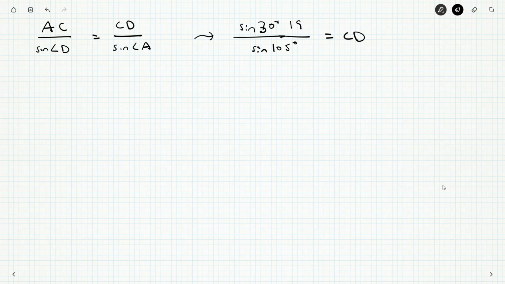So now it's up to me just to calculate this out. CD is, and now sine of 30, you might be familiar with as well. It's one of those nice special angles. It's also a half. So we're going to get 19 times a half divided by sine of 105.